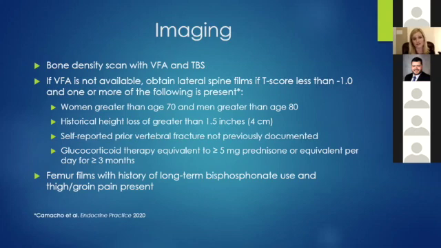Not all of our scanners have a VFA, so if the VFA is not available, then we follow the ACE guidelines as far as for when spine imaging should be completed, and that is if the T-score is less than -1.0 and one or more of the following is present: women greater than age 70 and men greater than age 80, historical height loss of greater than 1.5 inches, self-reported prior vertebral fracture not previously documented, or glucocorticoid therapy equivalent to greater than or equal to 5 milligrams of prednisone or equivalent per day for greater than or equal to 3 months.